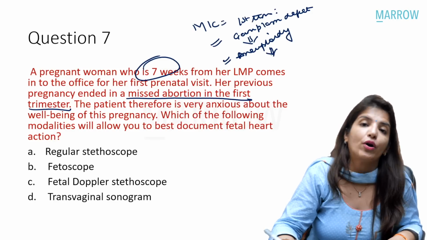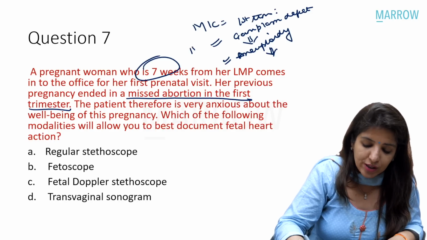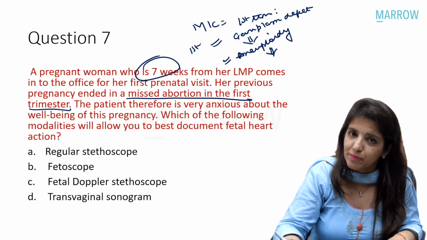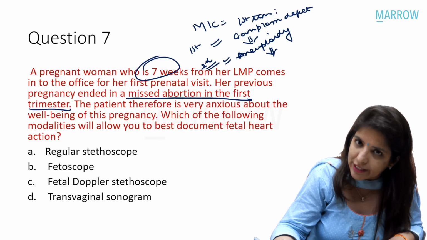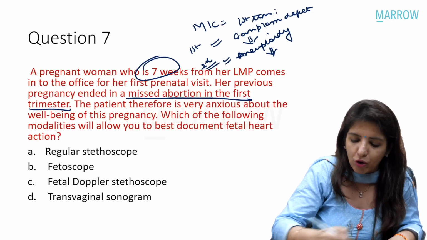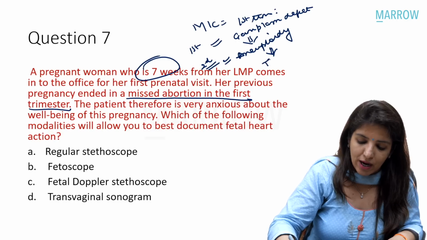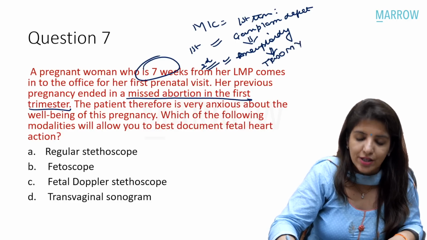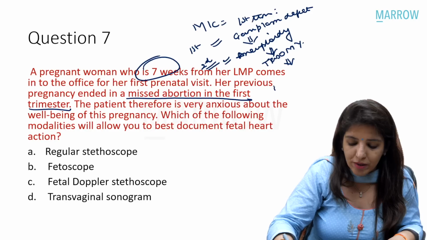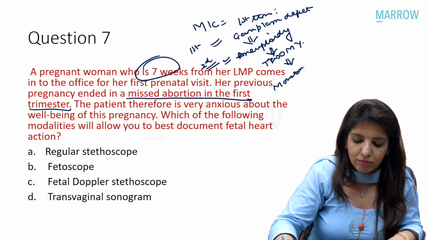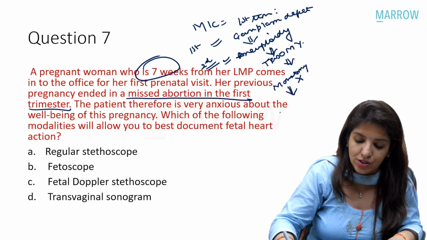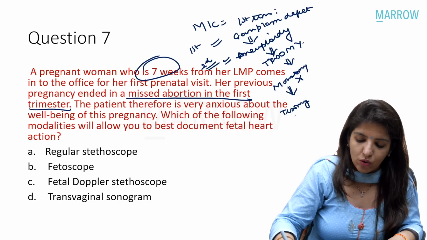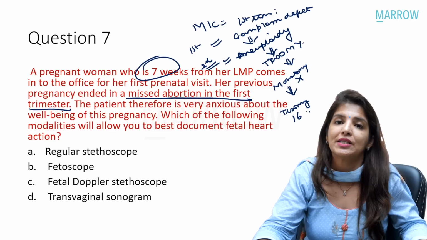If aneuploidy is not given to you, the first best answer will be a germplasm defect. If germplasm defect is not given, then you're going to mark it as aneuploidy. If aneuploidy is also not given, you are going to mark the answer as trisomy. If trisomy is not given, you are going to mark your answer as monosomy X. And if monosomy X is not given, then you are going to mark your answer as trisomy 16.